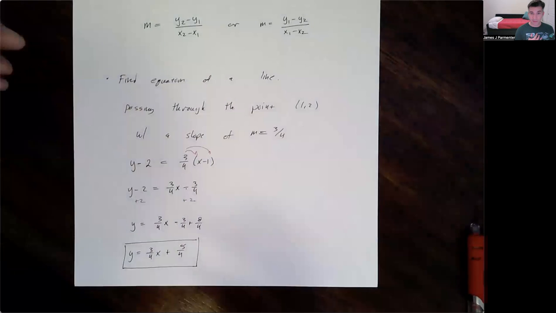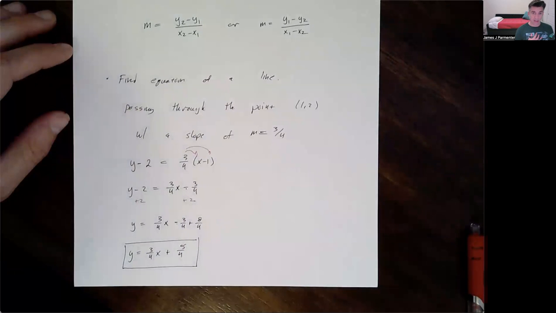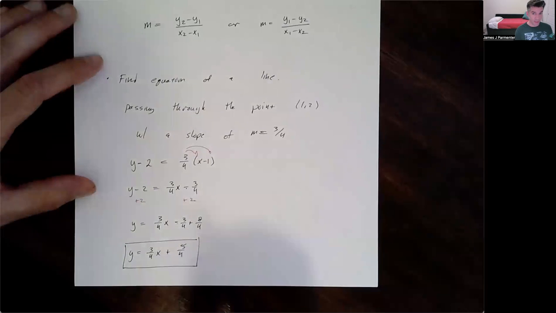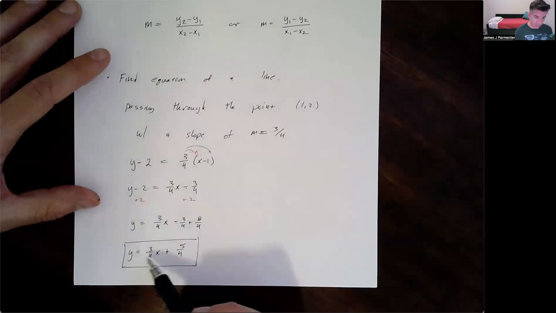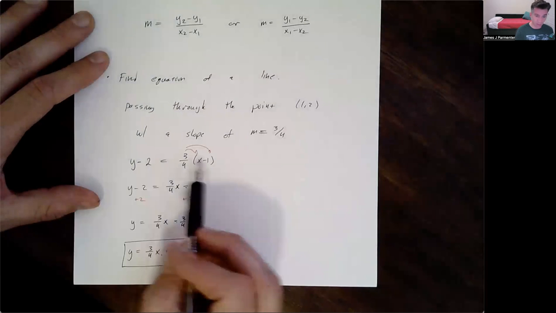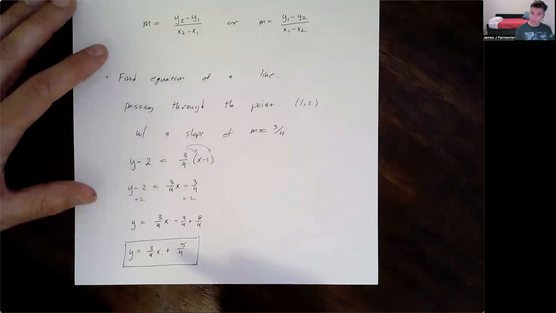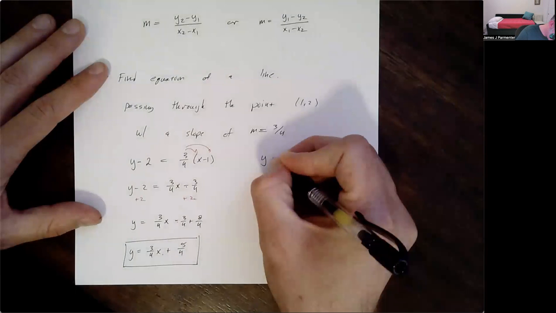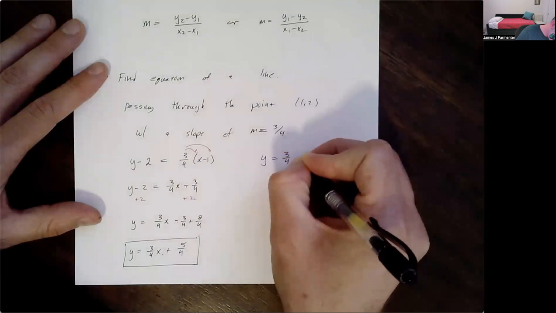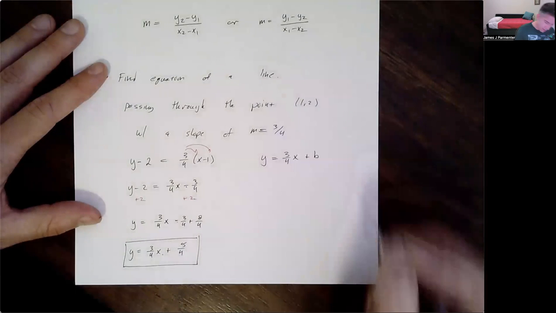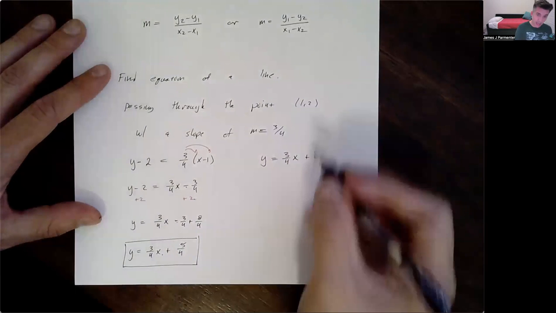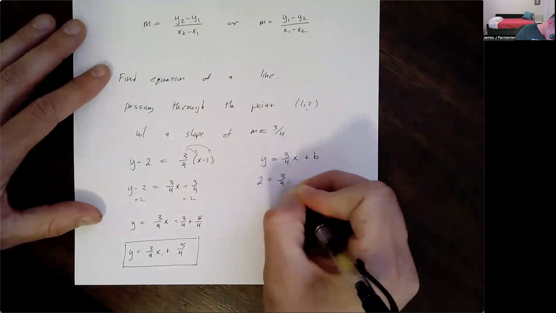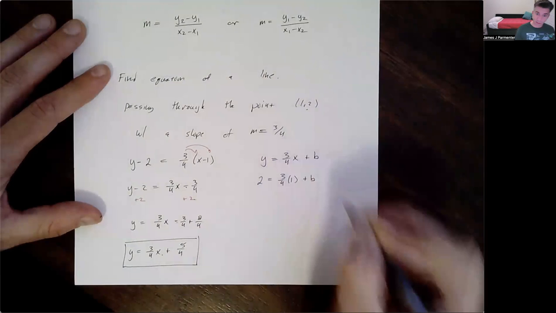That's generally my preferred way of finding the equation of the line: to get the slope intercept form, or the y equals mx plus b form, by starting with the point slope form and solving for y. Other people prefer to start with y equals mx plus b, plug in the point that they have, and then solve for b.